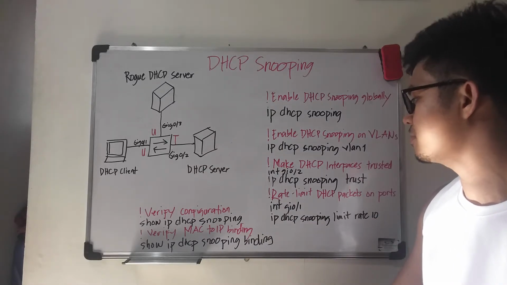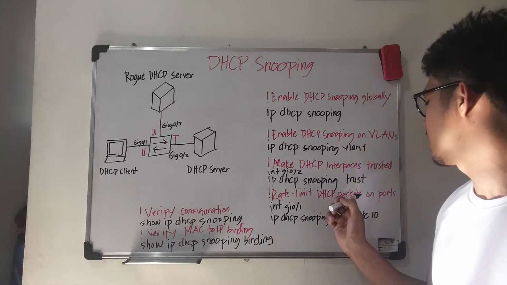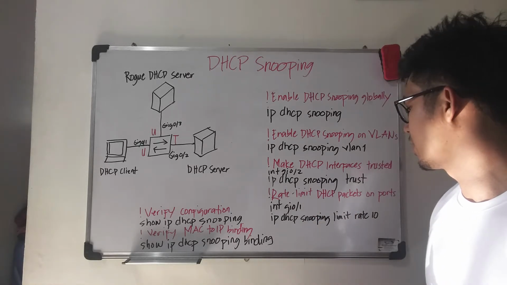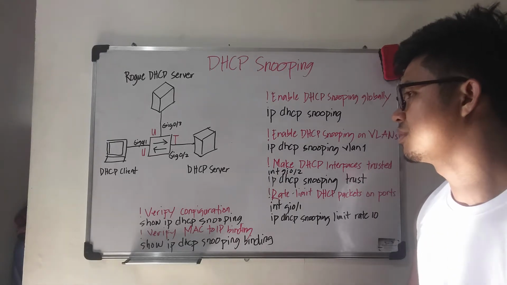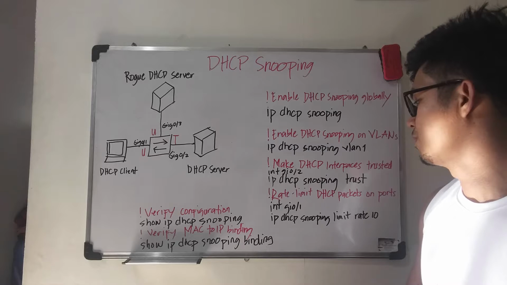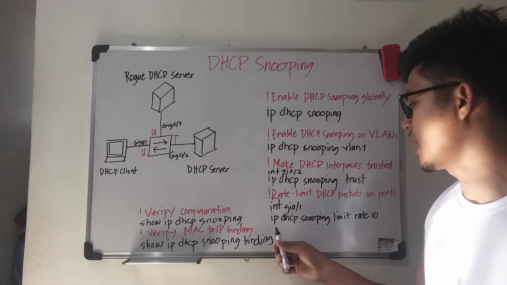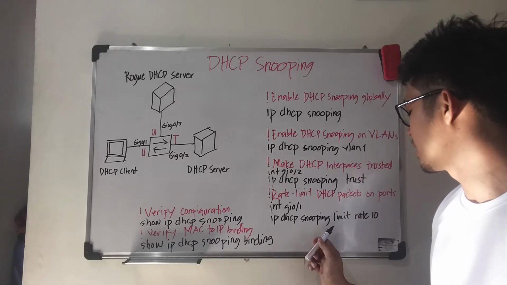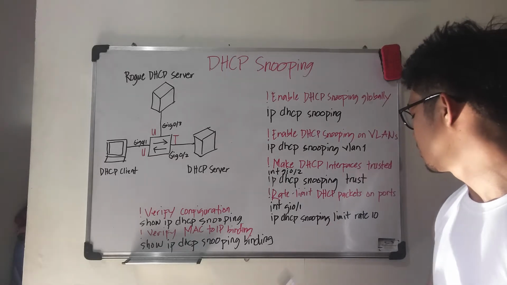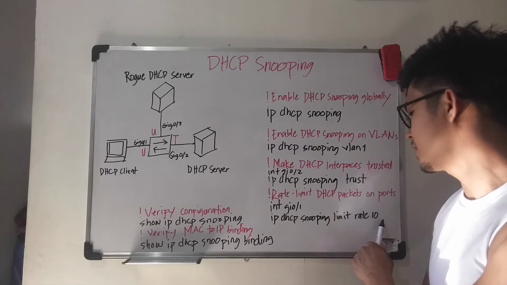And you can also rate limit the DHCP packets that your switch will receive. You can do that by typing in this command here, ip dhcp snooping limit rate 10. I think this is packets per second.